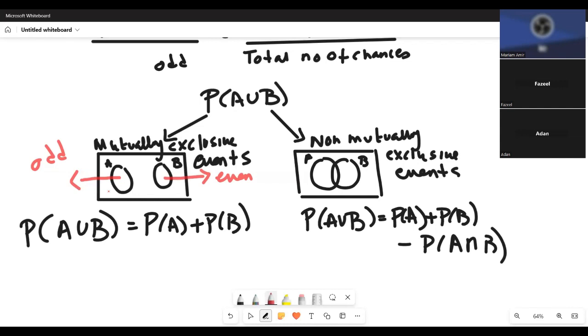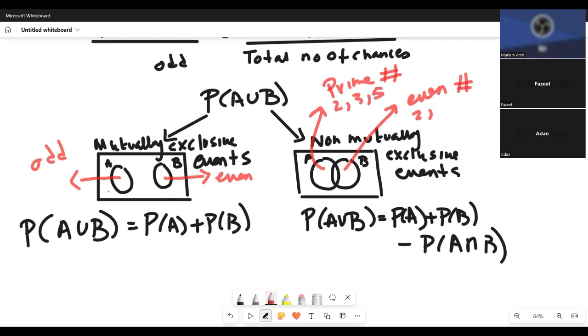Non-mutually exclusive events could be, okay, we have a prime number at the top of the die, and we have an even number at the top of the die. So then 2 is common between both of these. What can the prime numbers be in a die? It can be 2, 3, or 5.